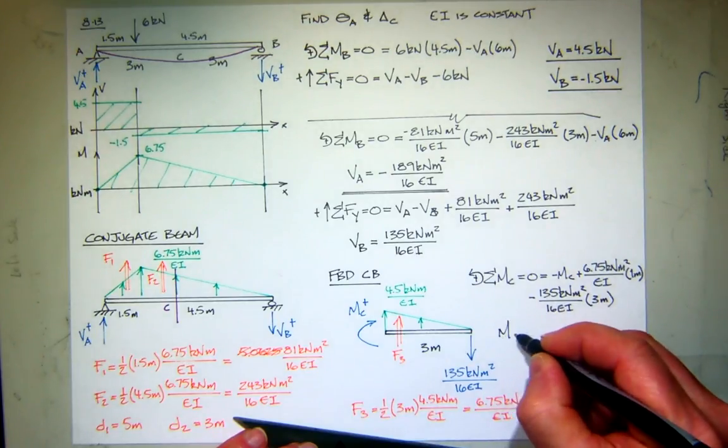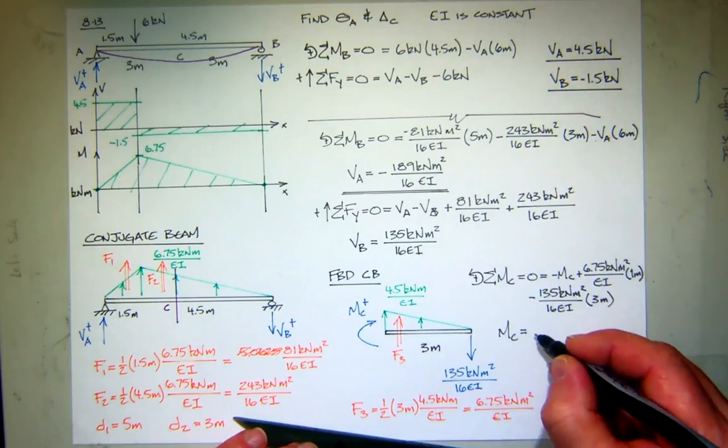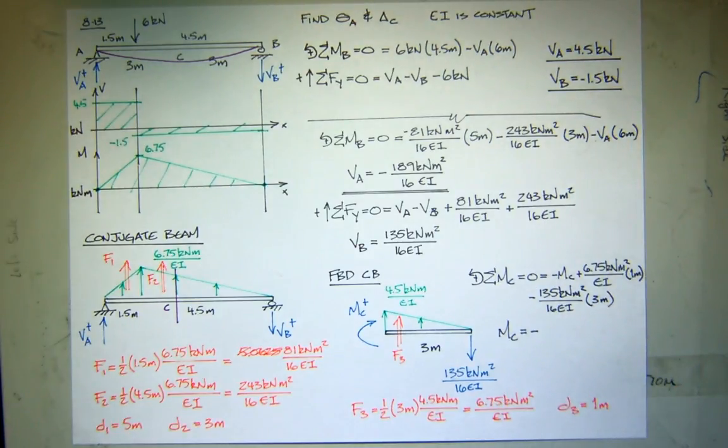So what is the moment at C? I believe it's going to be negative. Like 70 something? I'm guessing.